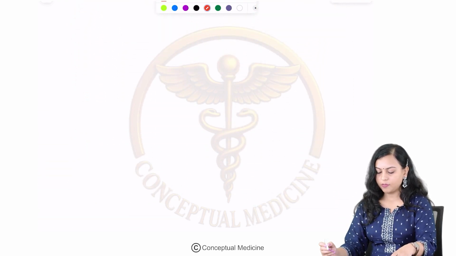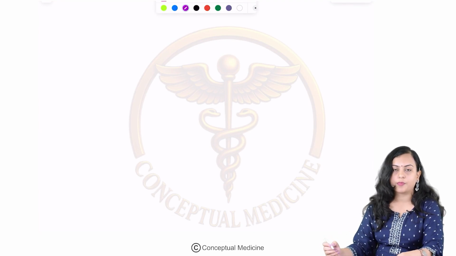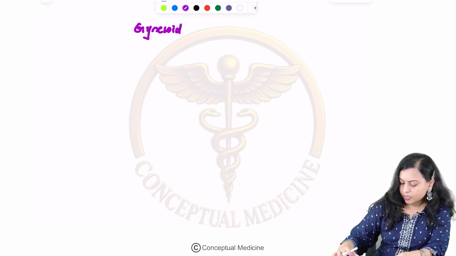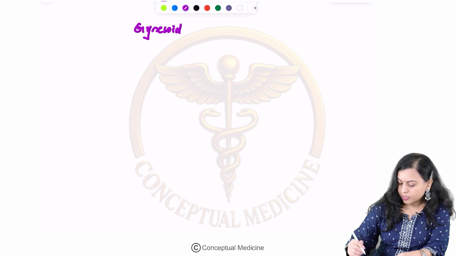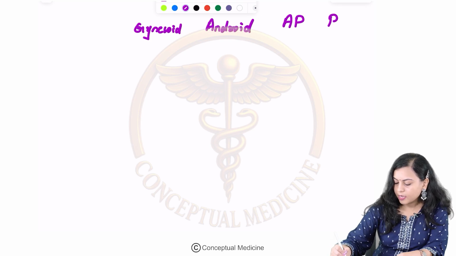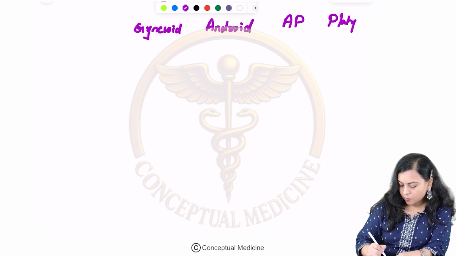Okay. Now we will see the difference between these 4 types of pelvis. So first comes the gynecoid, next comes the android, then anthropoid and platypelloid pelvis.